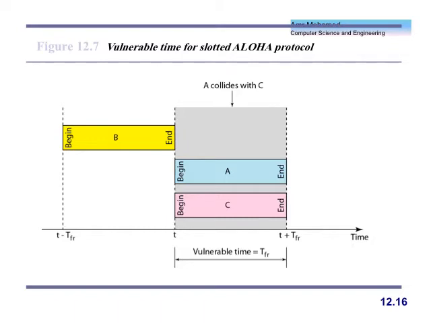So what happens if I try to send here? Can I? For the slotted Aloha, I cannot. So if a station had a frame at this instance of time, what does this station have to do? It will wait until here.